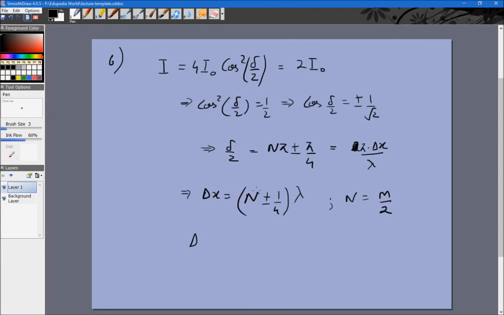But n has to be equal to m by 2 for an integer m, right? It doesn't matter whether n is odd. Even if n is 7, 7 is equal to 14 by 2, right? So m will be 14 then. So it will be m by 2 plus minus 1 by 4 lambda, which is 2m plus minus 1 lambda by 4, which gives us B.